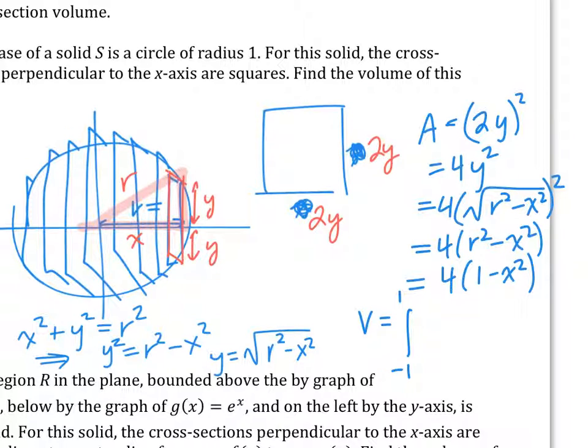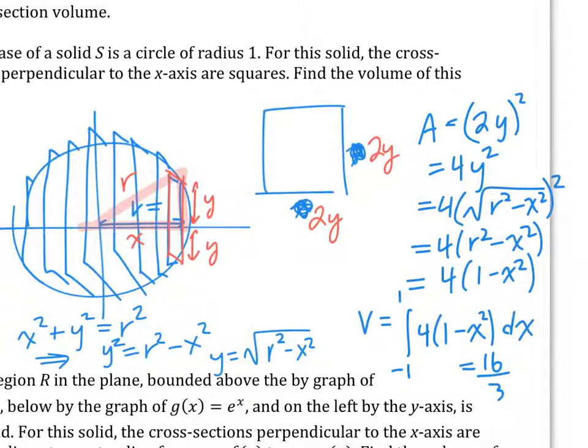With this method, there is no pi because we're not revolving. We're not going to create a circular area. It's just whatever that cross-section is. So the integral from -1 to 1 of 4 times 1 minus x squared dx. Go ahead and figure out the volume. It's all finished. So it is 16/3.